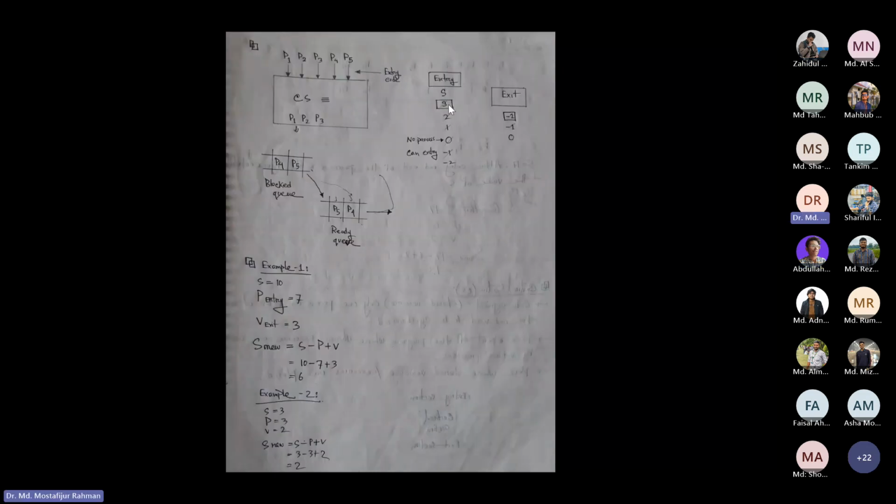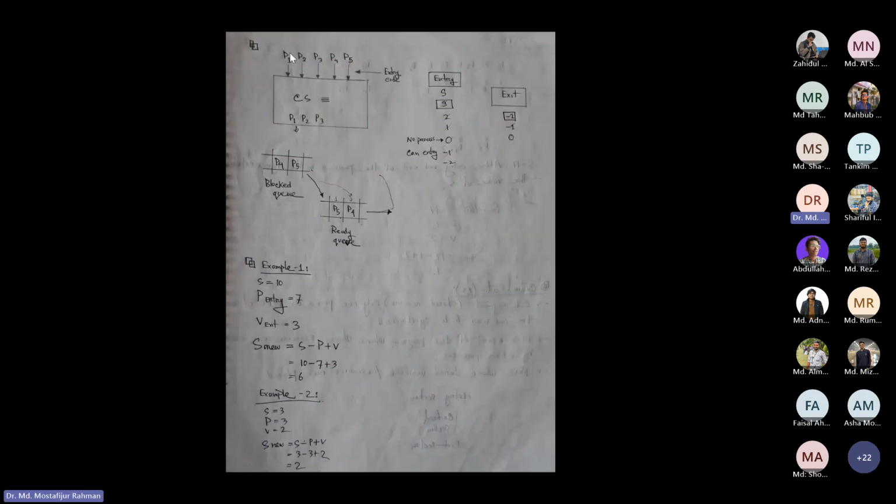Yes, sir. The semaphore value is 3, and 3 minus 1 means 2. Now the semaphore value is 2. Is 2 less than 0? No. That means it will not be blocked here.